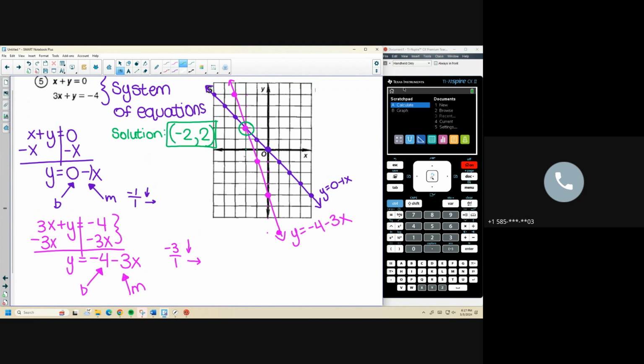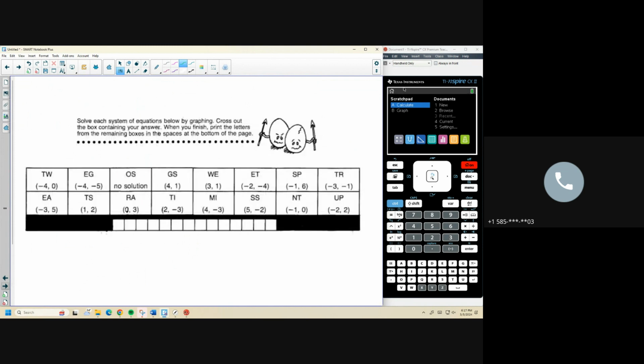That is the only point that these two lines have in common. So that is the solution to my system. Now, in case you want to figure out the answer to the witty joke at the top, it says solve each system below, cross out the box containing your answer. So we just got -2, 2, so I'm going to cross off that box right there.